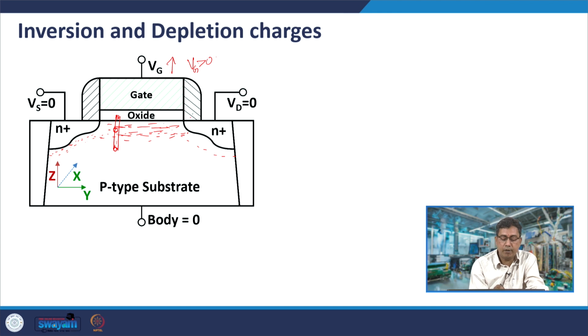In this Gauss cylinder, what you can observe is that since VDS is 0 and this is a long channel device, fairly in the middle of the channel all the horizontal components of electric field would cancel. VDS is 0, and therefore only the vertical electric field you need to consider.